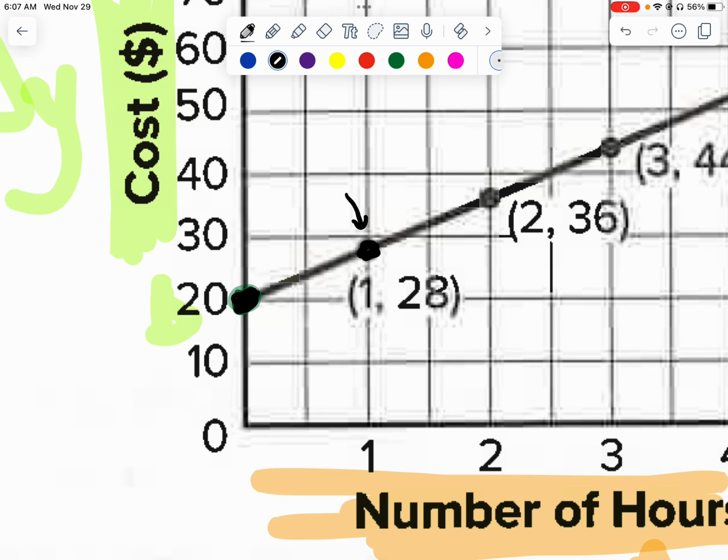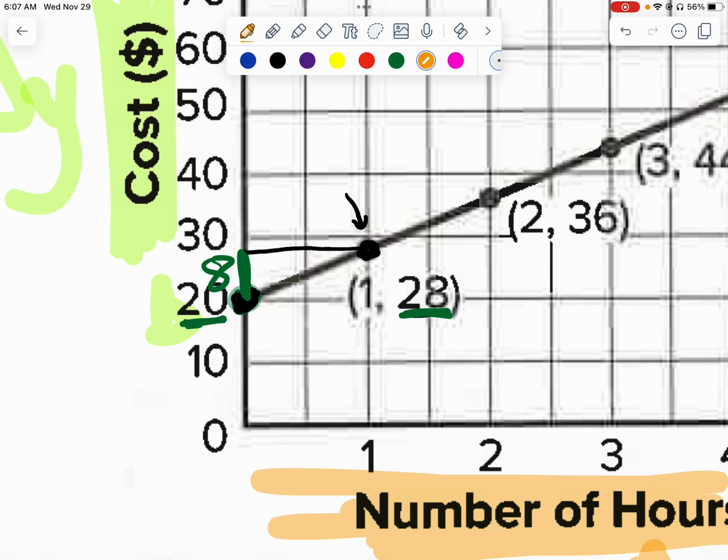So it's not at 30, it's at 28. When we go up and over, we're not going to go all the way up to 30. We're going up from 20 to 28. So that means that's 8 tall.